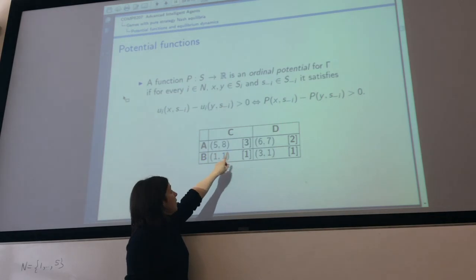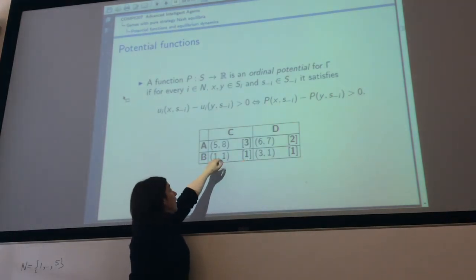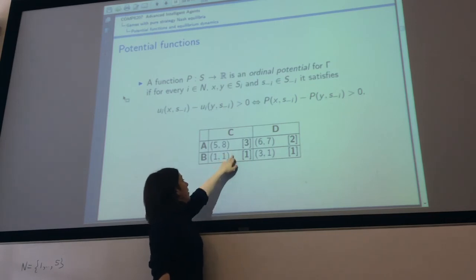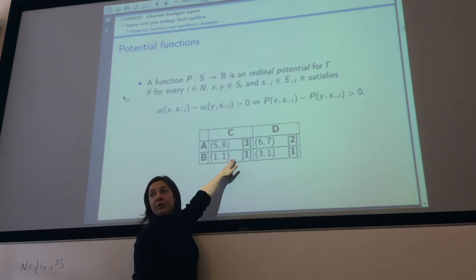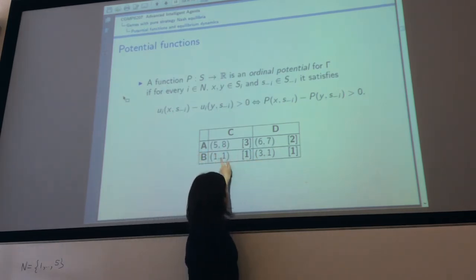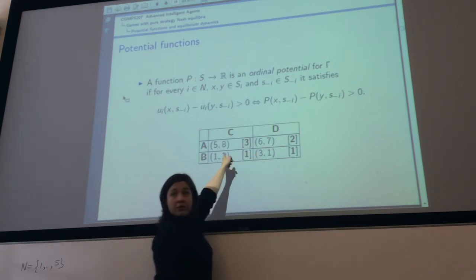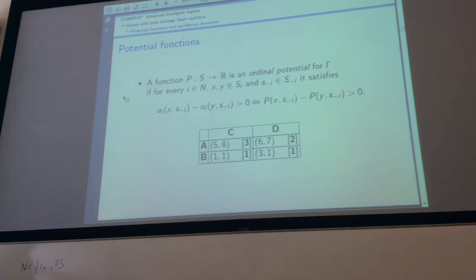These are the same utilities in the game, but the function is different. It has to drop, so it drops by 2, not by 4, whatever. No change here, no change here. Grows, grows. And again, a local maximum would define a Nash equilibrium.